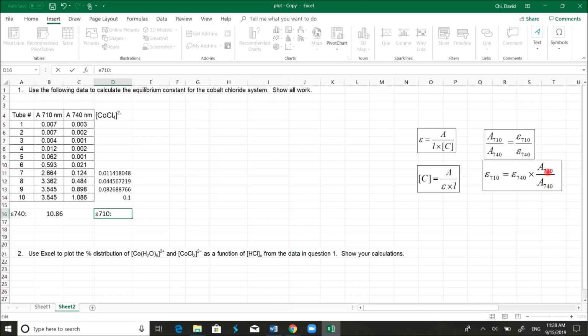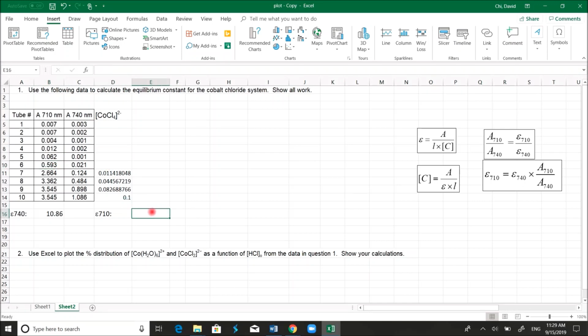This is the ratio of absorbance of a particular test tube. Now we choose test tube 6, and because the value at test tube 6 is the largest, it is the most reliable. So let's calculate.